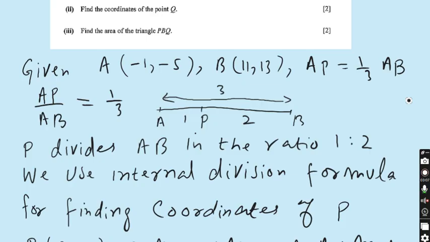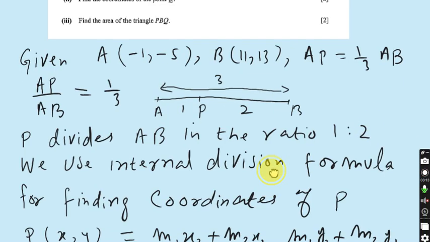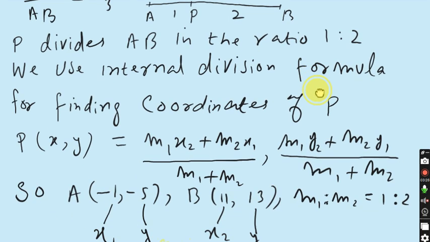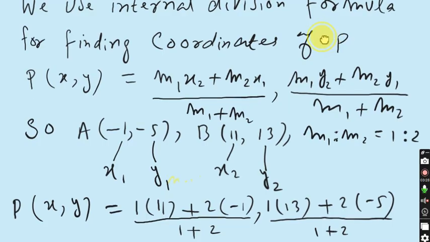Hope you understand. So first our target is to find the coordinates of P. I am using the formula of internal division for finding coordinates of P. Kindly note down this formula. If the point divides 2 points in the given ratio, then we have to use the formula of internal division.